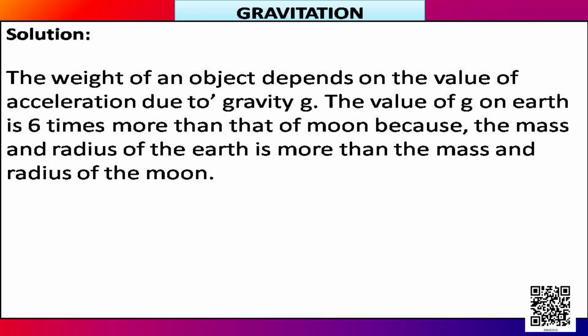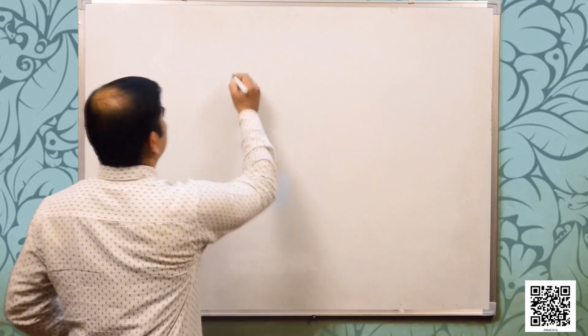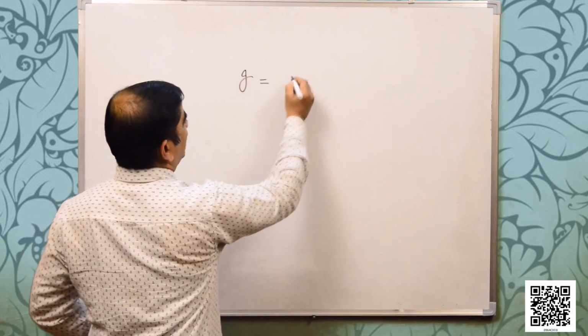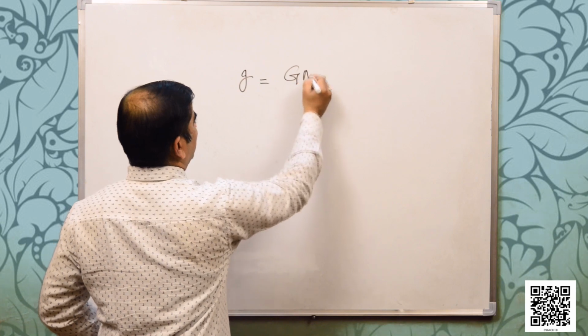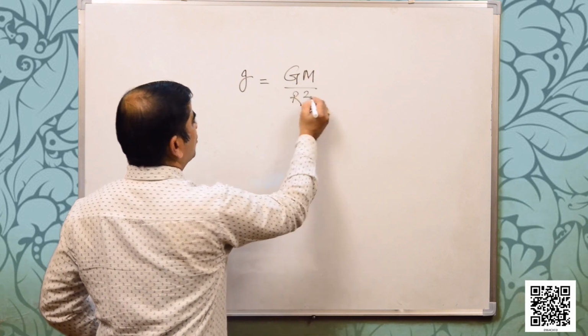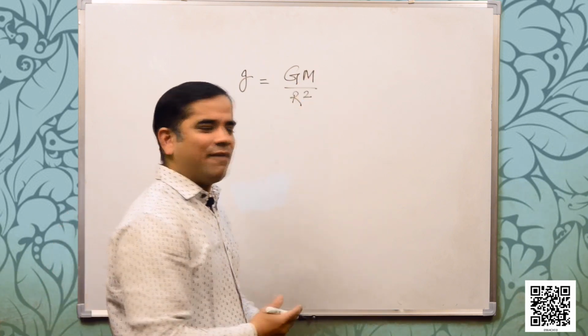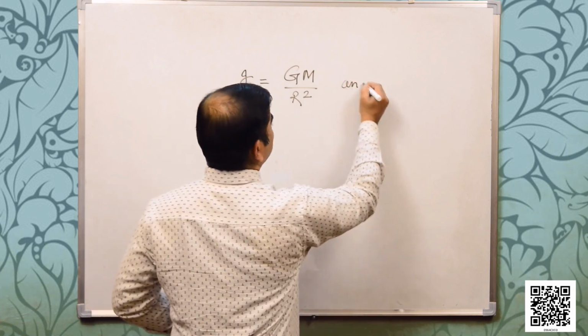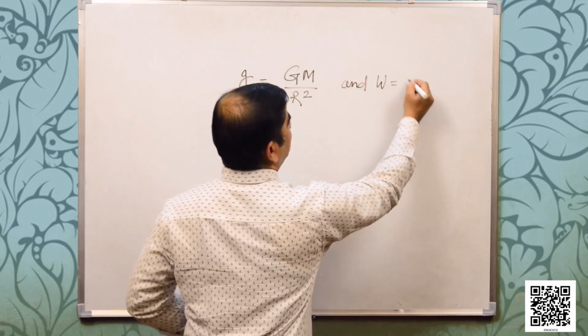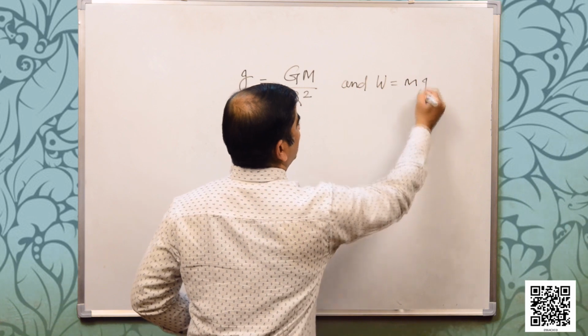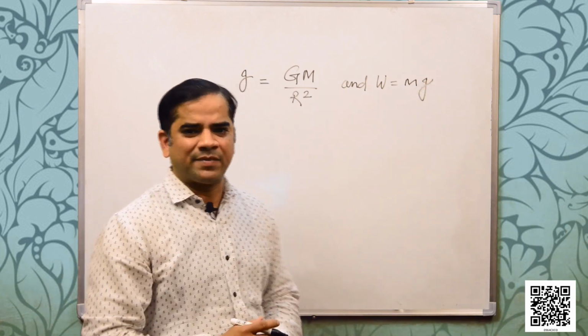So, let us understand this in a better way. Okay? Students, we have acceleration due to gravity g is equal to GM by r square. So, we have already discussed that g is equal to GM by r square, and we have weight as mass into acceleration due to gravity.